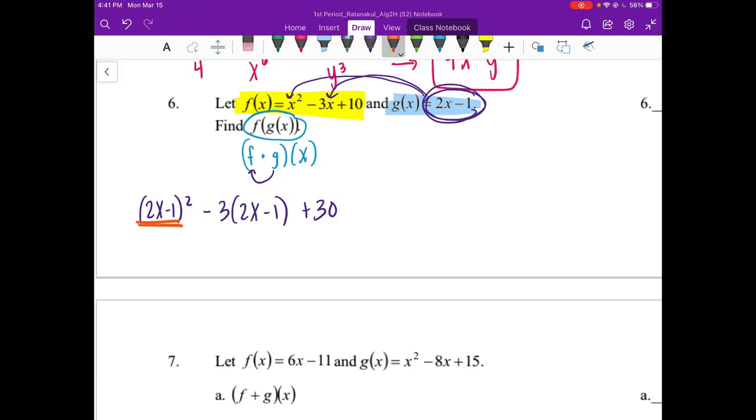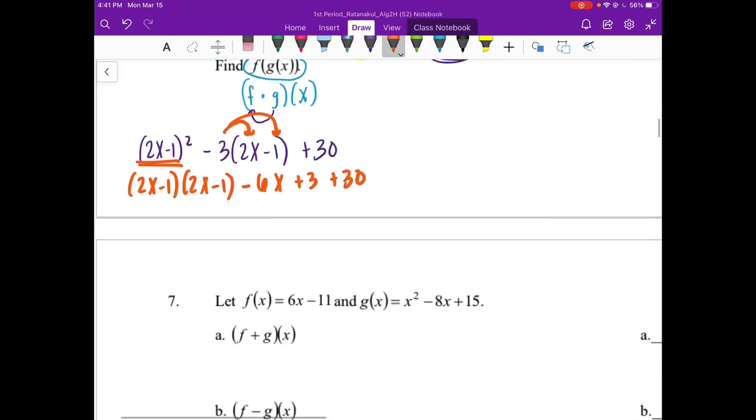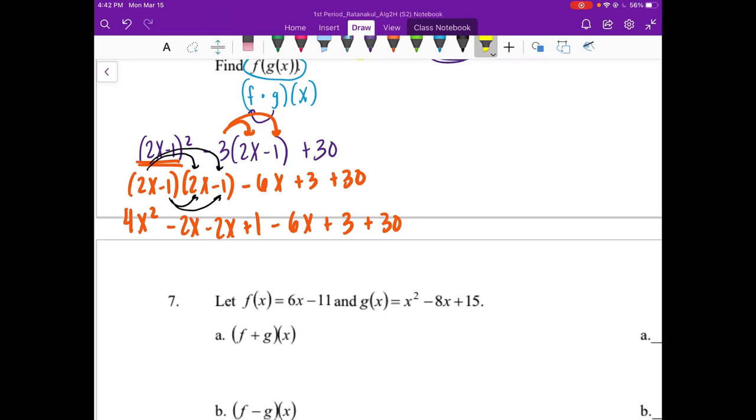From here, always remember that anything that's squared implies that you have 2 of them. So you need to double distribute that 2x minus 1. And then I'm going to go ahead and distribute my 3 into 2x minus 1. Right, continuing along, I'm multiplying these 2 binomials together. And from here, I just want to combine all of my like terms.